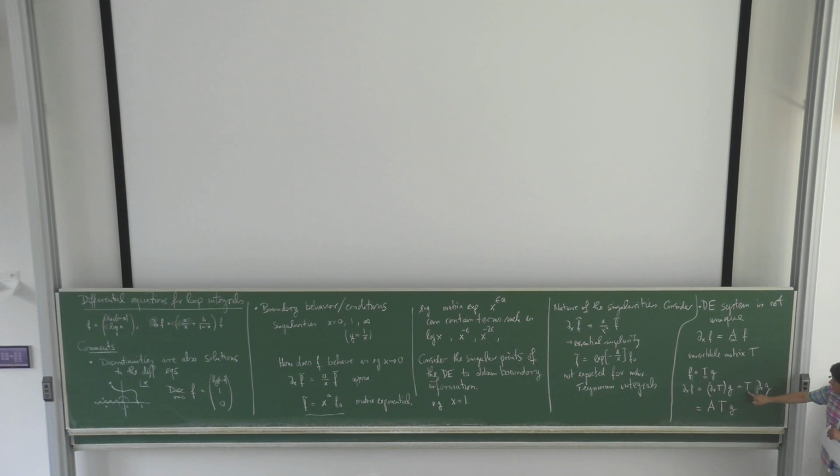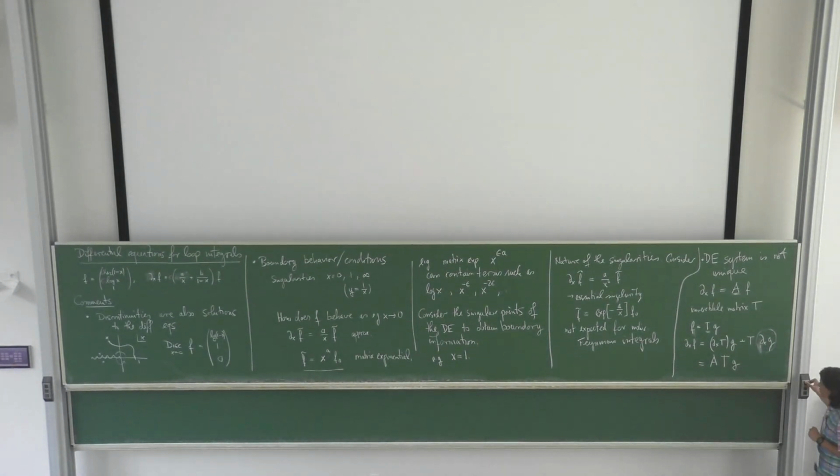And then let's multiply by T inverse. T was assumed to be invertible. Let's multiply by T inverse so that we can have dxG nicely on one side of the equation. So then what do we get?